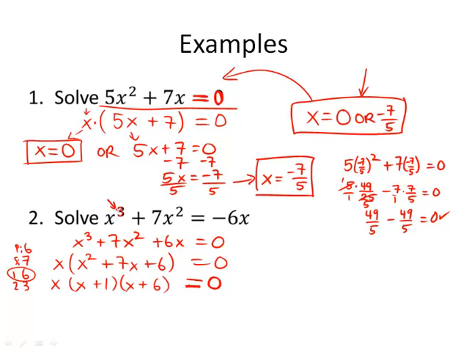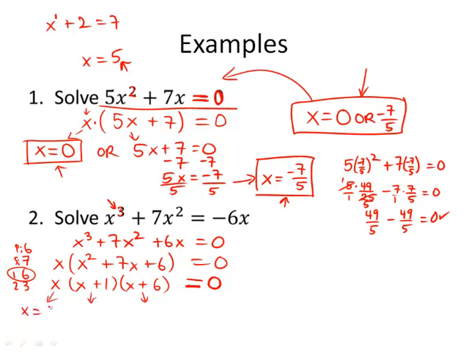So because this was a degree 3, you're going to have 3 possible solutions. This was of degree 2, you had 2 possible solutions. Recall when you had just a basic equation with degree 1, you always had 1 solution. So that is another thing you can notice.